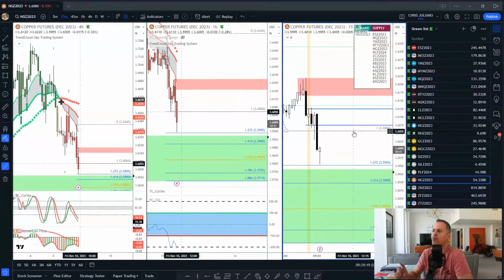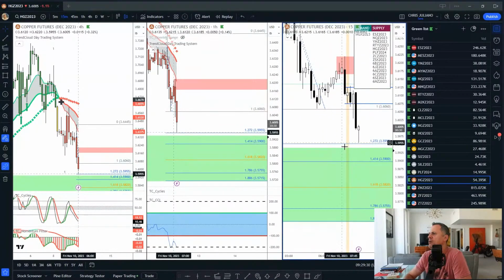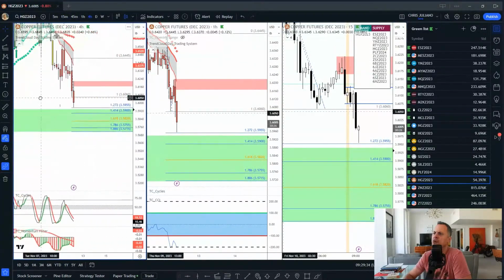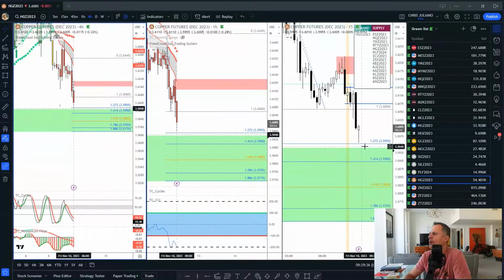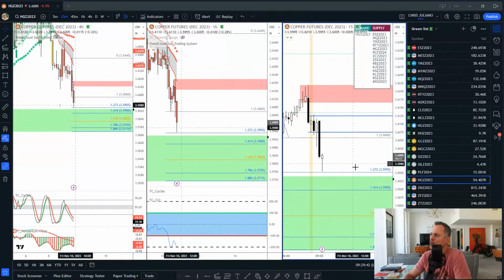And with one contract, you'll never know. So let's try to do 2 contracts, but we're right at that market edge now, right? We just hit that 1.272, but we have to keep shorting this.